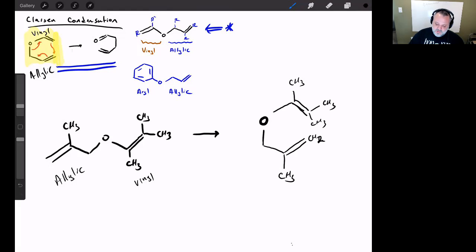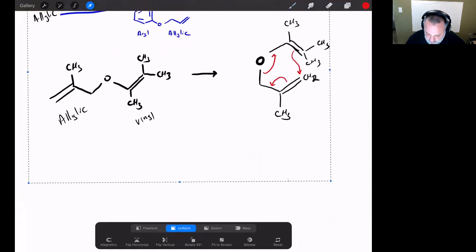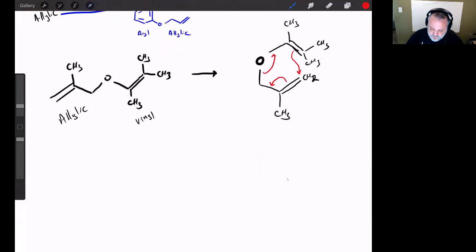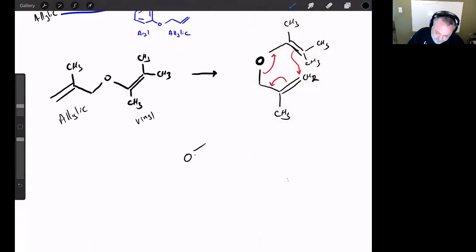Now that I've done this, I can do my mechanism. Remember that this one's going to come down here. This one's going to come here, and that one's going to come there. And this way I can now write the product. So the product will involve this doubly bound oxygen bound to a carbon that has a CH3 here. What functional group did I create?